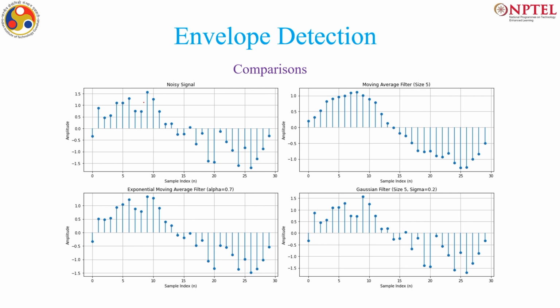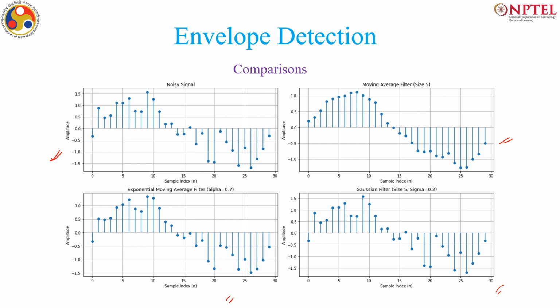So, these are some comparisons. Say I have a noisy signal like this. With a moving average filter of size 5, an exponentially moving average filter with an alpha value of 0.7, and a Gaussian filter of size 5 and sigma 0.2, you can see that the smoothing varies significantly. In moving average, we can see that it is smoothing very nicely. If this is an envelope detection problem, then the moving average is performing well because it is creating an envelope like structure.